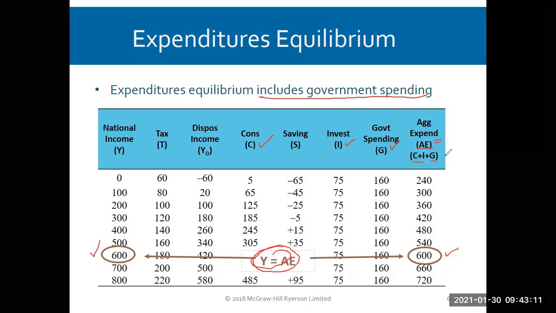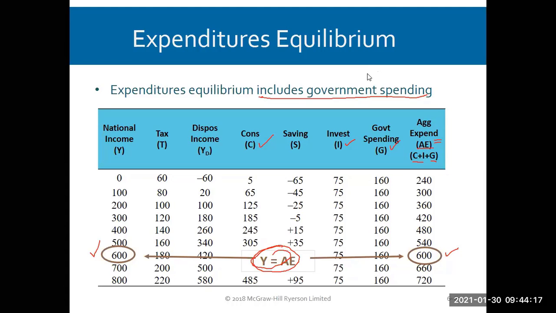If we were to do the math, where we actually had the AE function, the function would be a little bit different, but we'd still solve for aggregate expenditure equilibrium by using the Y equals AE mathematical condition. So there's not too much change when we expand and add the government sector.